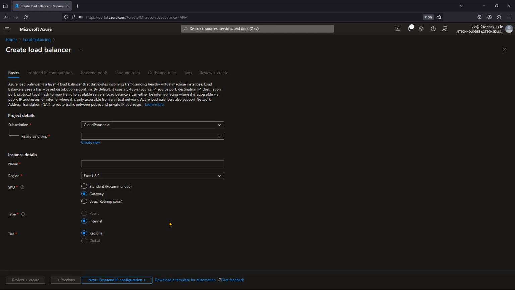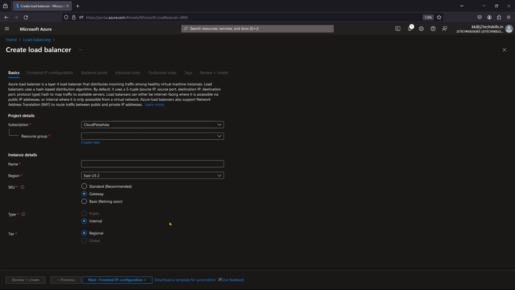I can access Google or Microsoft sites or any sites. But when I add those virtual machines to the load balancer backend pool, I can't access the internet.